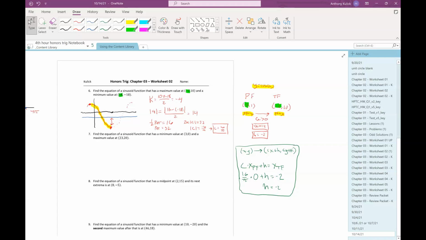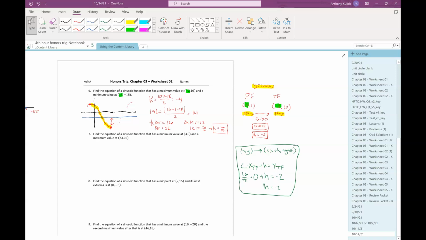The other place I'd use sine is if the point that I'm given, I'm told is a midpoint. That's a case where I would use sine. If the point that I'm given is an extreme point, a max or min, I'm using cosine. That's the gist of it.